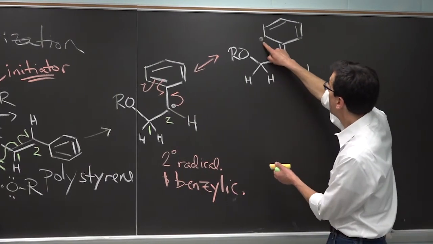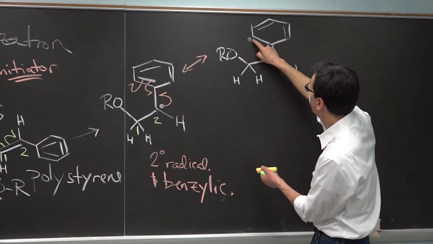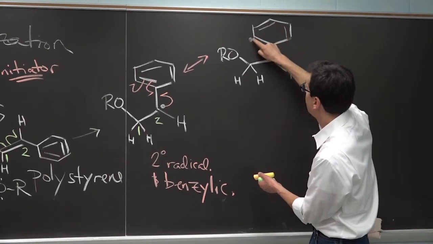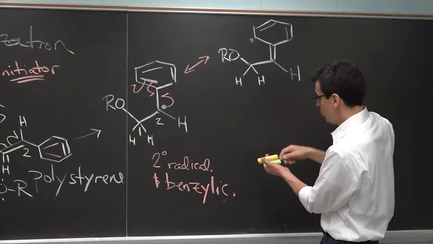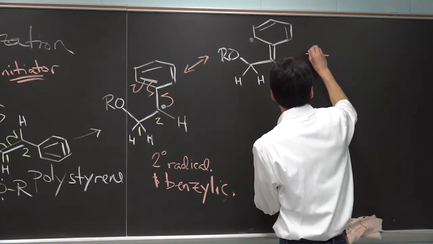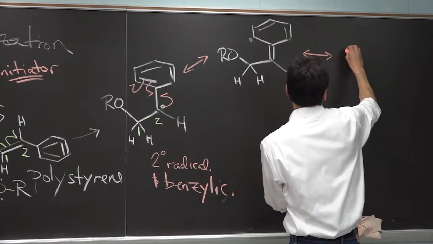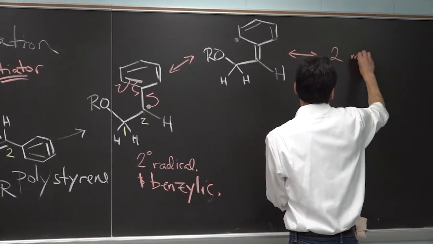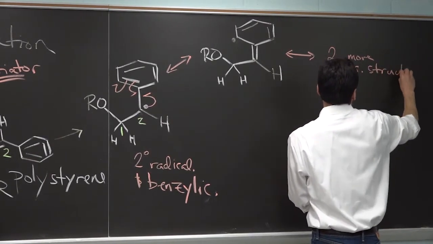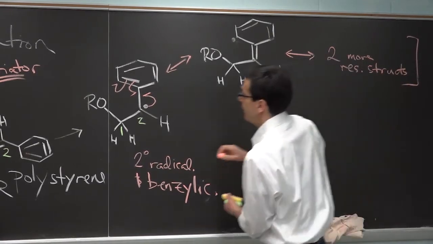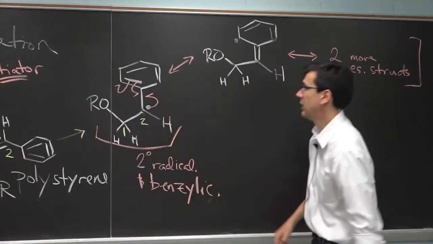Where else can this dot go? Well, this dot could end up on this carbon, and this dot could end up on this carbon as well. So be sure that you can draw, I won't do it here, but make sure you can draw 2 more resonance structures of this benzylic radical.